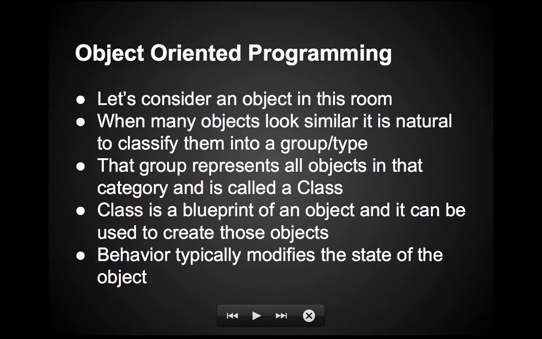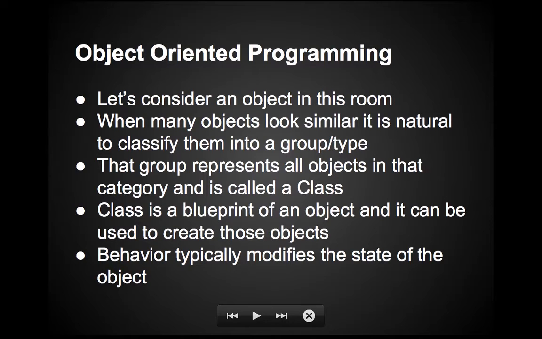There is a class called fan, and then you can create multiple objects which each represent a different fan. A class can be thought of as a blueprint of an object, and it can be used to create those objects. A class is essentially a definition of an object: what attributes an object can have, and what kind of behavior it can exhibit.